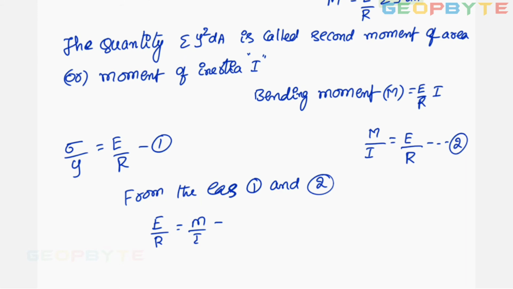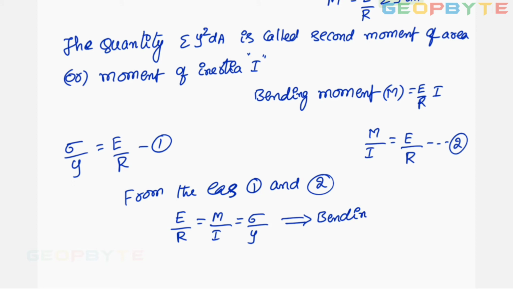Let me write it clearly: E by R equals M by I equals sigma by y. This equation is called the bending equation.